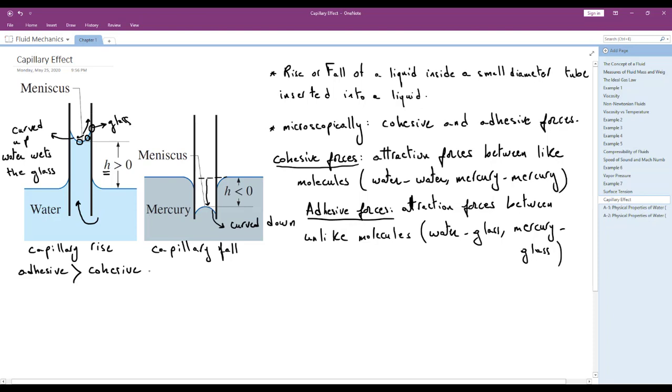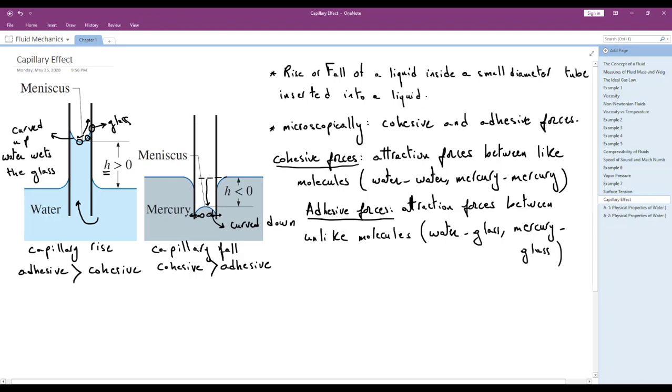However, in the case of mercury, the cohesive forces between the mercury molecules are greater than the adhesive forces between the mercury and the glass. So that's why the mercury molecules are more attracted to each other than they are attracted to the glass.